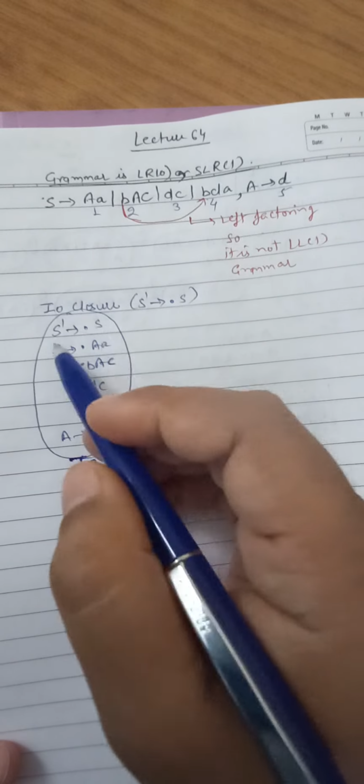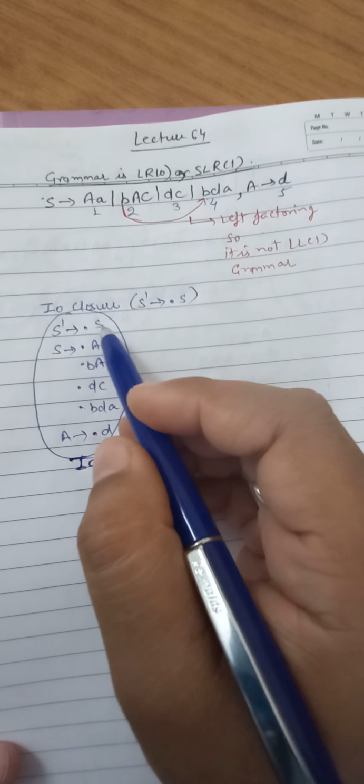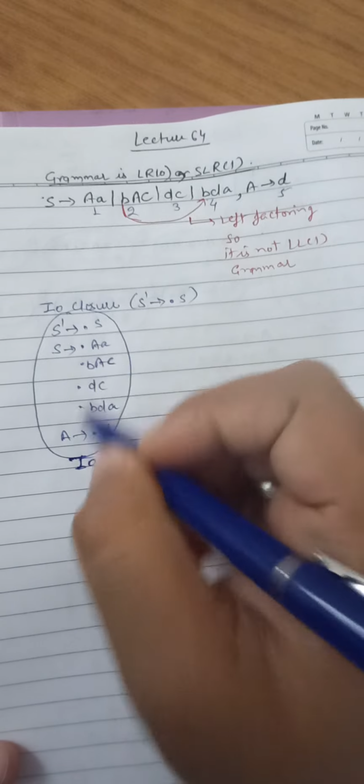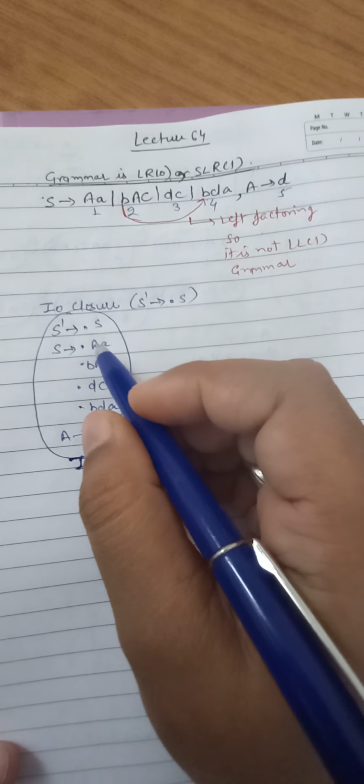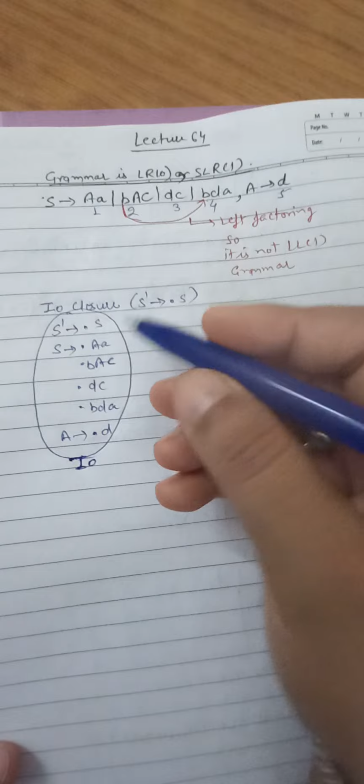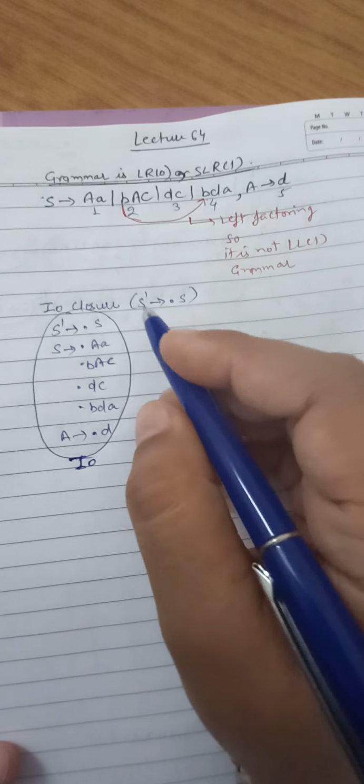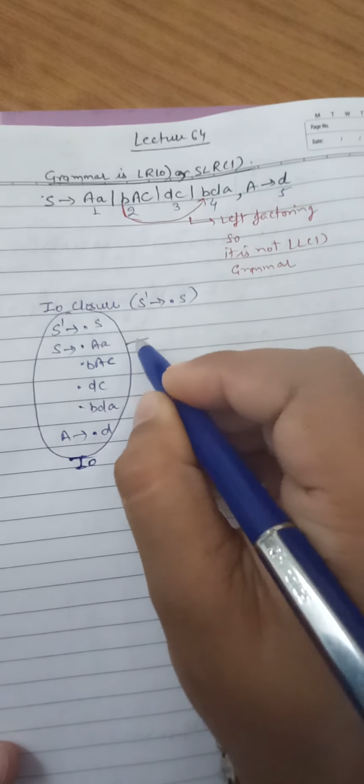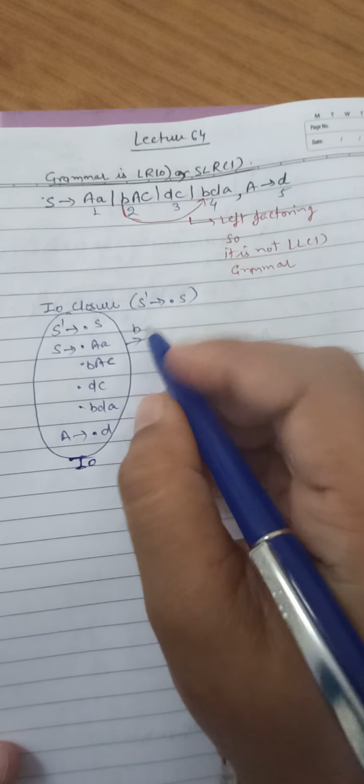Now because we know in the augmented grammar there is no conflict, so we will leave it. We will see only those transitions where a conflict can be possible, so this we will leave. This is okay. So now we will see for B terminal.